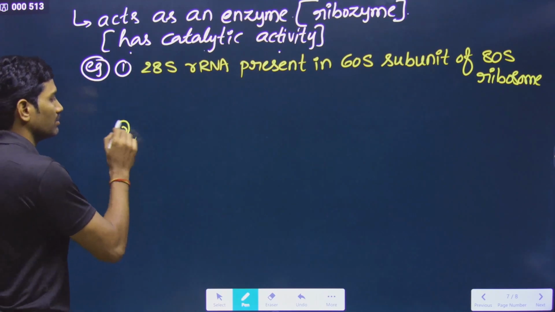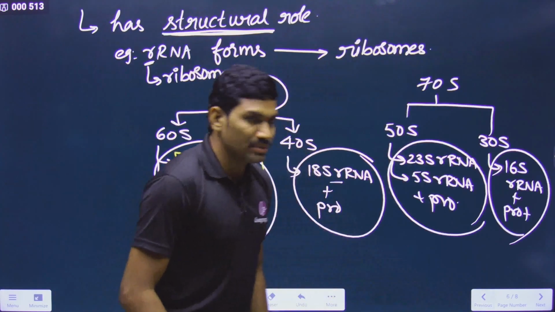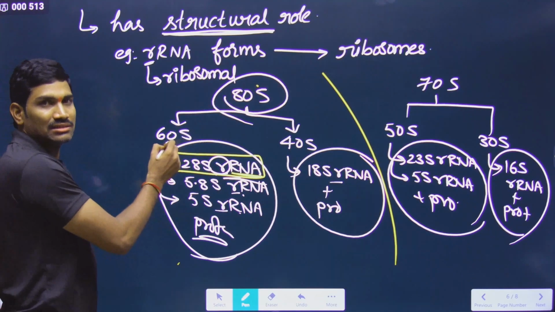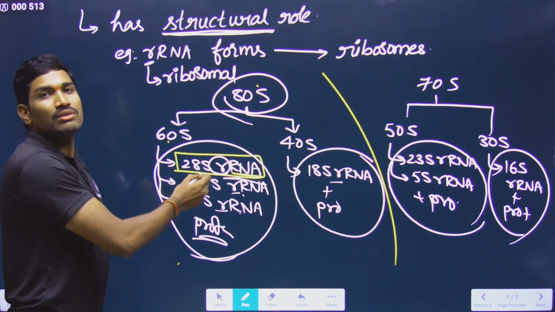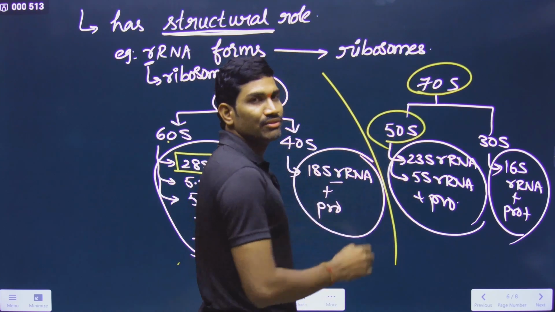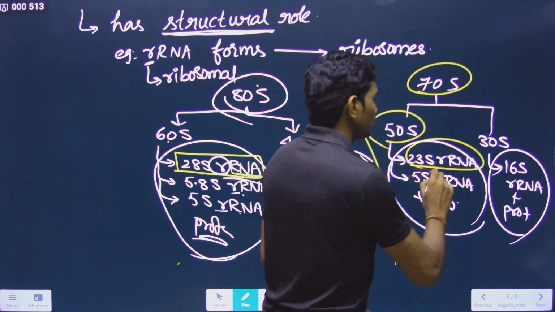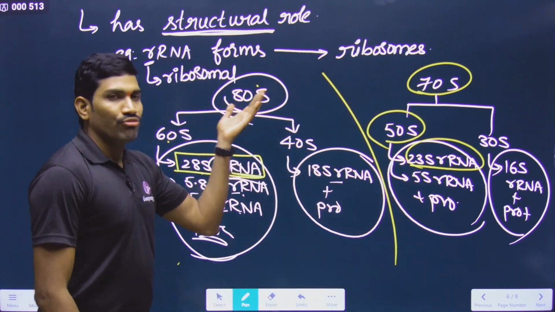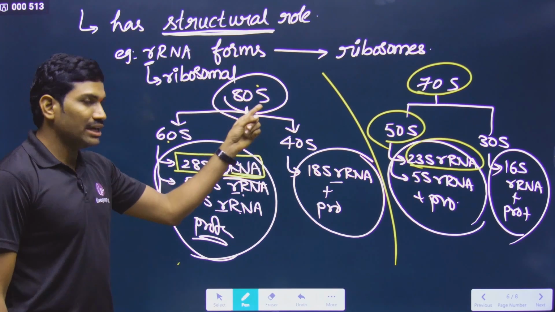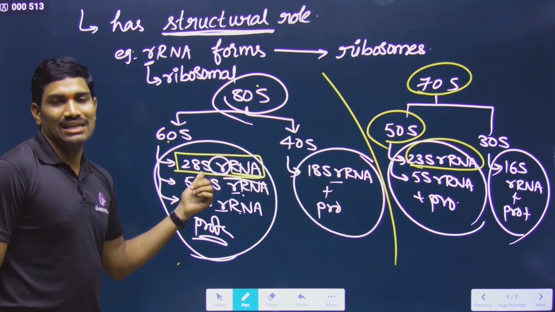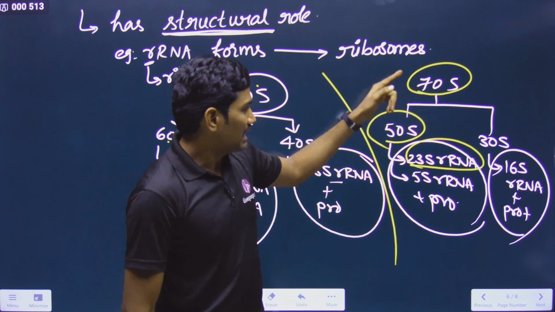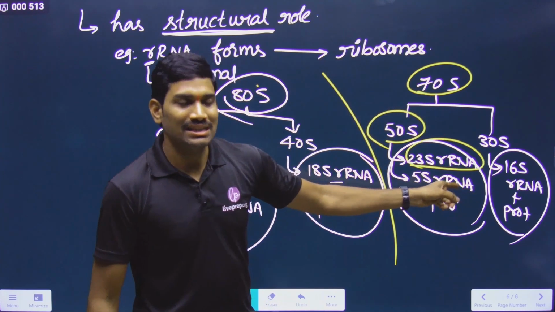Now the second example. For the 80S, the larger subunit is 60S. In that, the major one is 28S. Same logic here also. For 70S, the larger subunit is 50S. In this, the major one is 23S. That means 80S is called the eukaryotic ribosome, and for the eukaryotic ribosome it is 28S rRNA. 70S is also called the prokaryotic ribosome, and for this it is 23S rRNA.